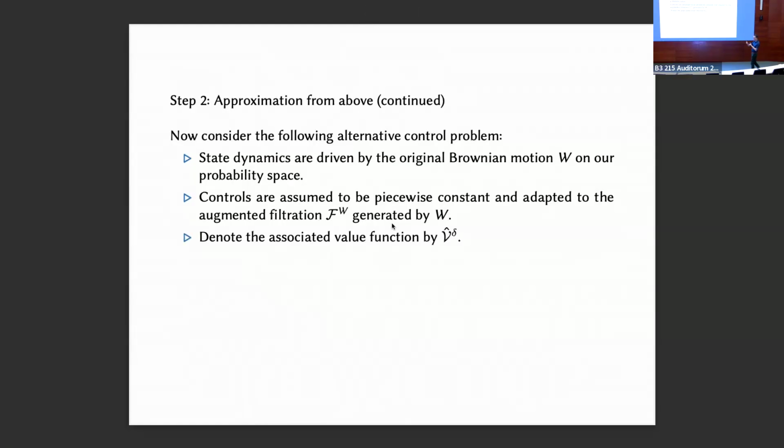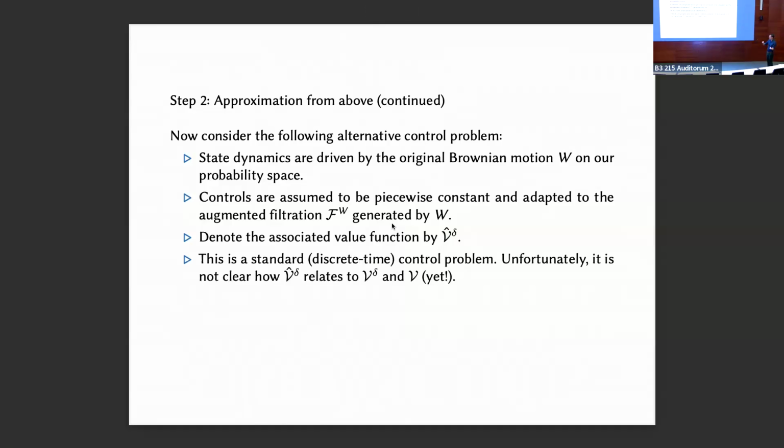Piecewise constant controls, but Brownian motion and filtration are now fixed. The value function corresponding to this is now v hat. The problem is, since we're switching out the Brownian motion, and it's exactly the kind of thing that we are trying to understand, we don't know how that relates to the things that we are actually interested in for now.